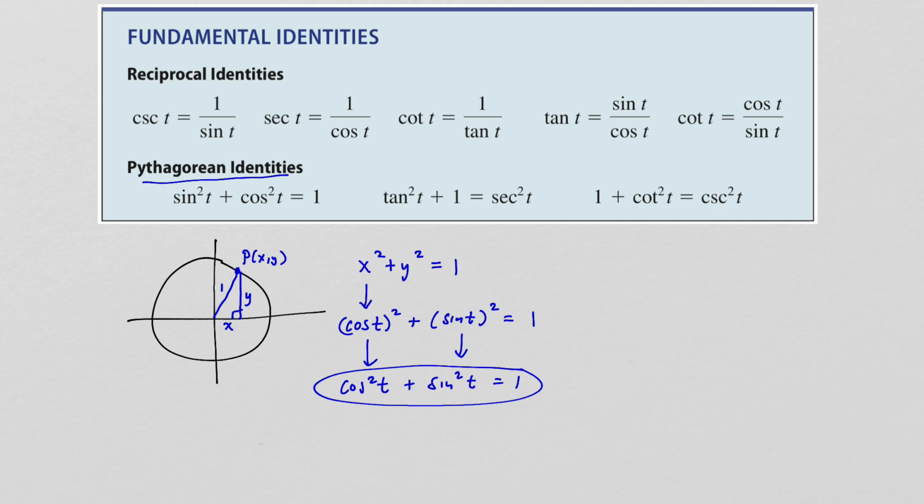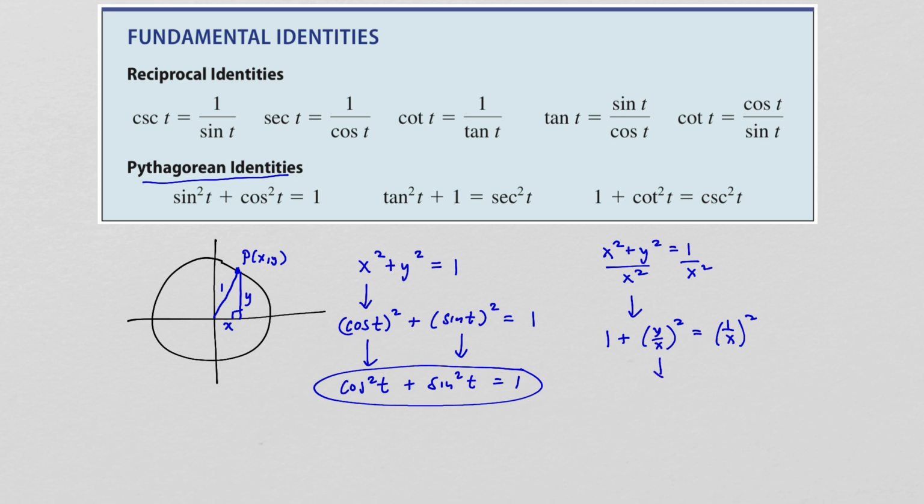And this is the first Pythagorean identity. Now, the other two identities come from simply taking this formula, x squared plus y squared equals 1, and then either dividing both sides by x squared or dividing both sides by y squared. For example, if we divide both sides by x squared, x squared over x squared is 1, y squared over x squared is the same as y over x quantity squared, and 1 over x squared is 1 over x quantity squared.